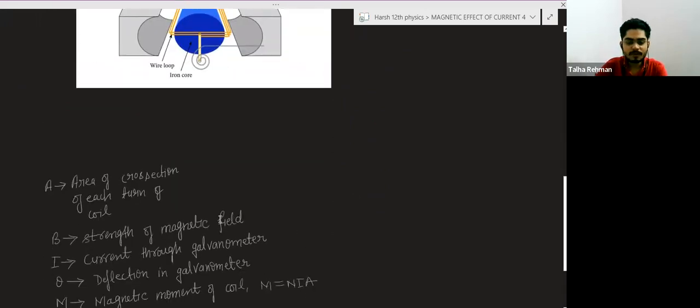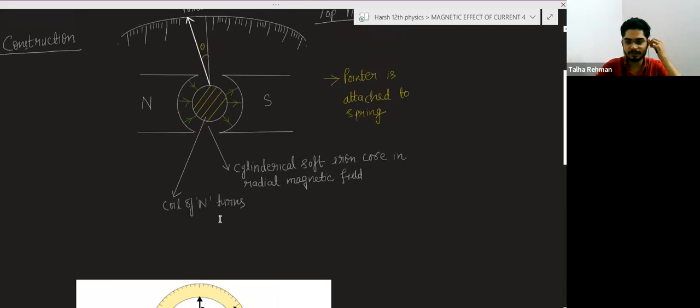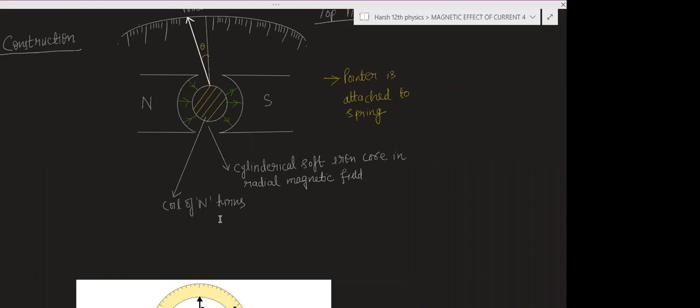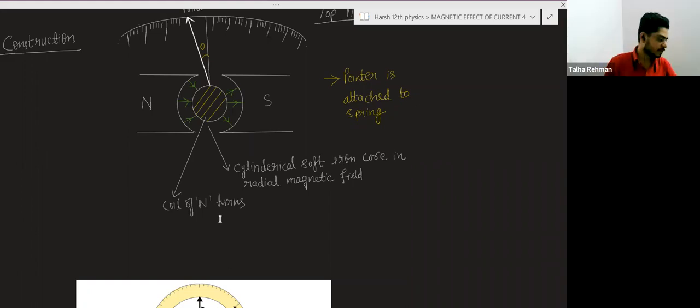Now, what will happen basically? The moral of the story is that when the coil carrying a current is placed in the magnetic field, there will be some torque on the coil. The coil will start rotating due to the torque.